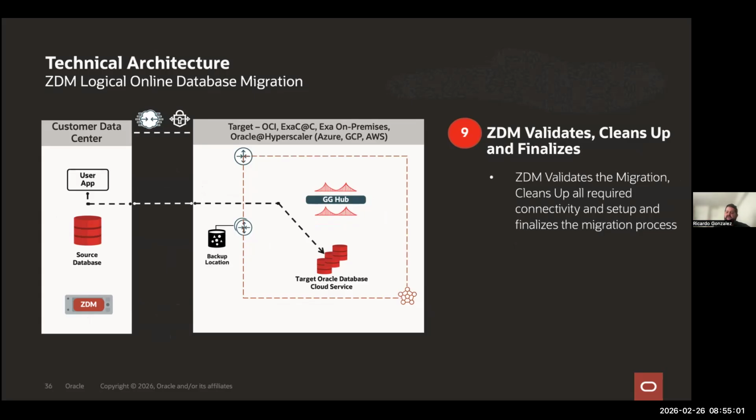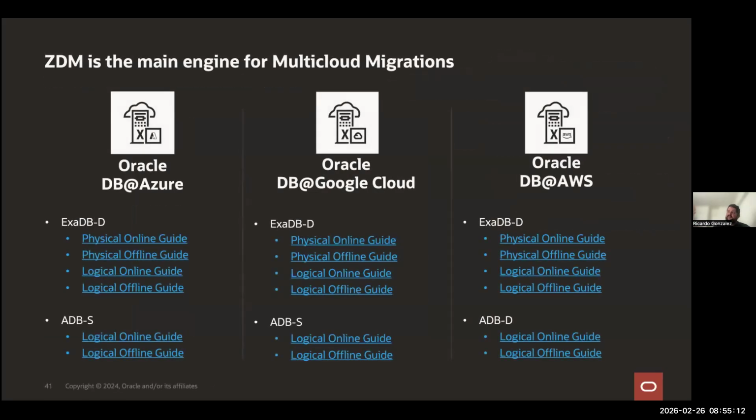We have 5 minutes. So what I'm going to do is, in 1 minute, just share with you: we have materials for all the multi-cloud deployments. We have guides for physical and logical migration for all the EXA services, and logical migration for all the autonomous database services.